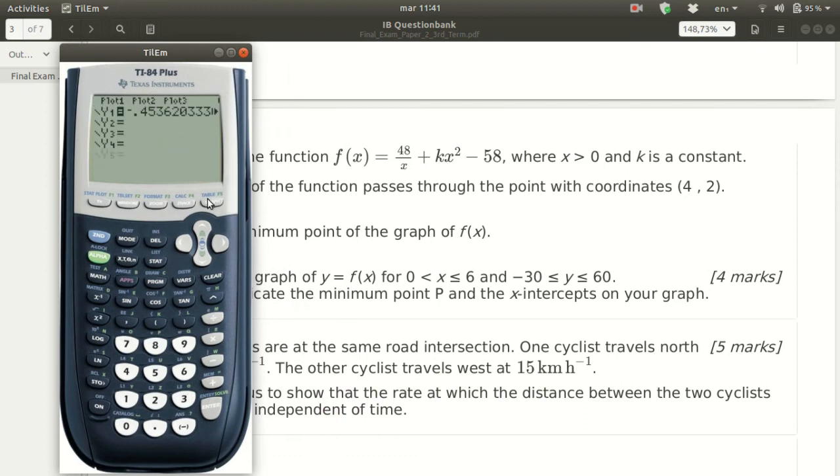So y equals 48 over x plus k, which is 3, x squared minus 58. And I'm going to set my window from 0 to 6 and my y from negative 30 to 60. Graph.